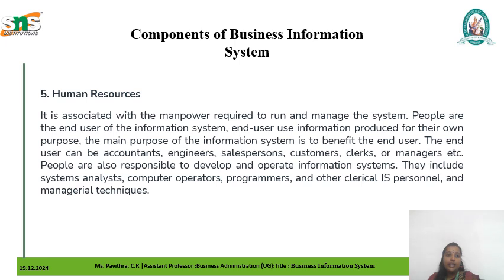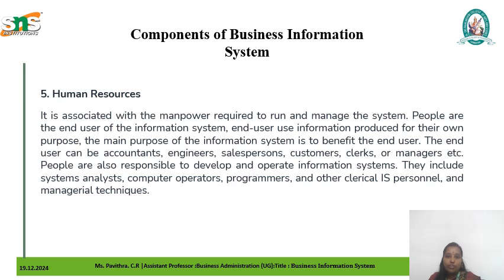People are the end users of the information system. Whatever information or data is processed or moves on, we system users are the end users. Whatever data or information is processed, we will be using it. End users use the information produced for their own purpose.